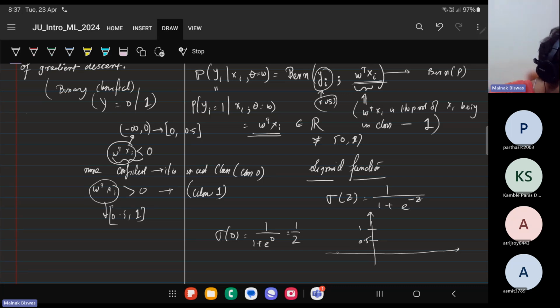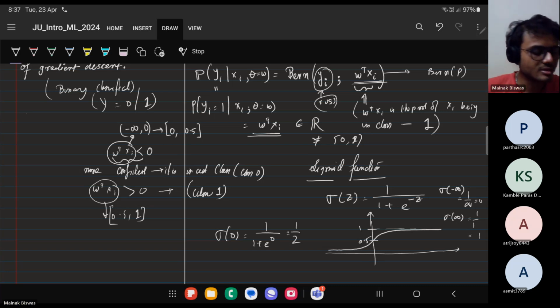At minus infinity, sigma of minus infinity is 1 by infinity, equal to 0. Similarly, sigma of infinity is 1 by 1, equal to 1. So the graph, something you can also take the second derivative, looks like this.